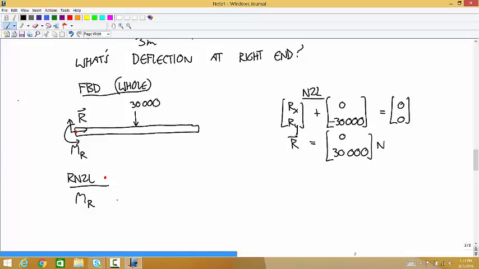Yeah, 1.5 meters. And is it positive or negative? Yep, that's a clockwise rotation, so negative. So the reaction MR is equal to positive 45,000 Newton meters.